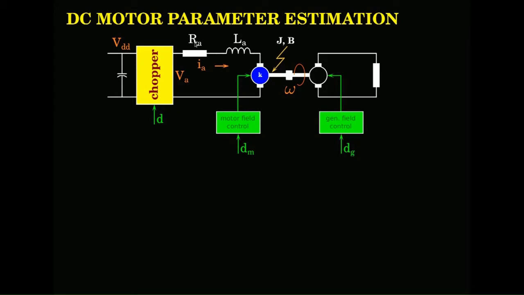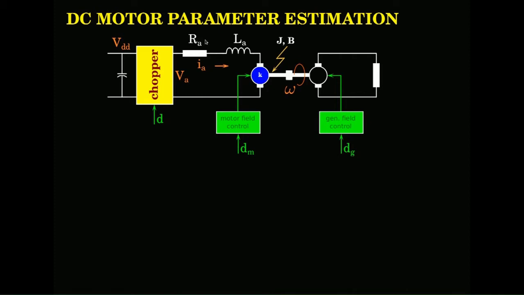In the A matrix there is an RA, there is an LA, there is J, B, the mechanical side parameters J and B, inertial element and friction element, and there is a K, the gyrator parameter. So, these values we need to obtain.